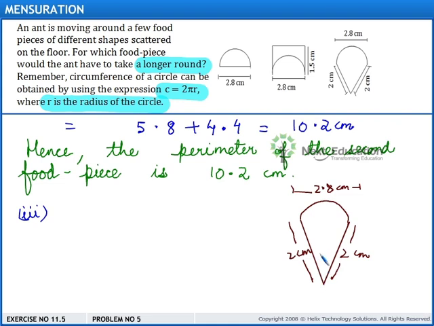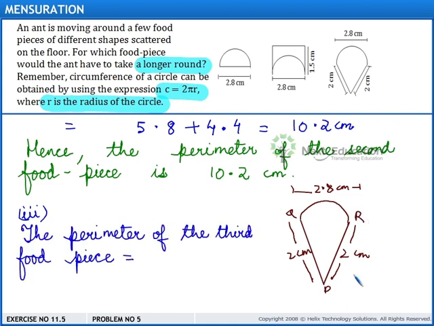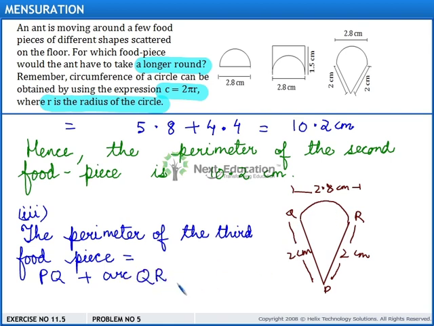Let us name this as PQR. So what will be the perimeter of this shape? It will be PQ plus the semicircle RQR of diameter 2.8 centimeters, plus PR.